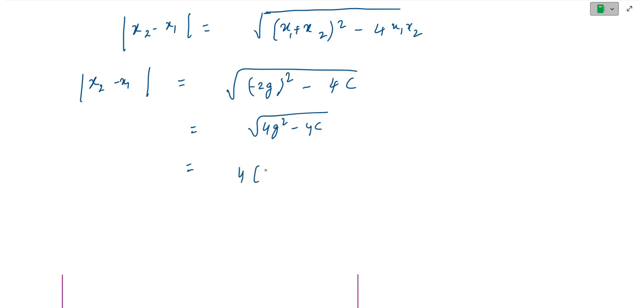So 4 times (g square minus c) under root. The square root of 4 will become 2, and 2 times under root g square minus c. This is the intercept made by the circle on the x-axis.